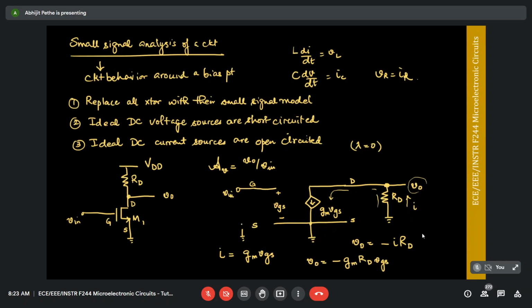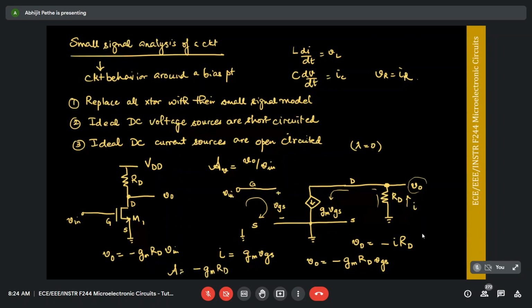Now, the good part with this circuit is VGS. What is VGS equal to? If I apply KVL in this loop, Vin is equal to VGS. And so therefore what I get is V0 is minus gm RD Vin, or the gain of the circuit is given by minus gm RD.